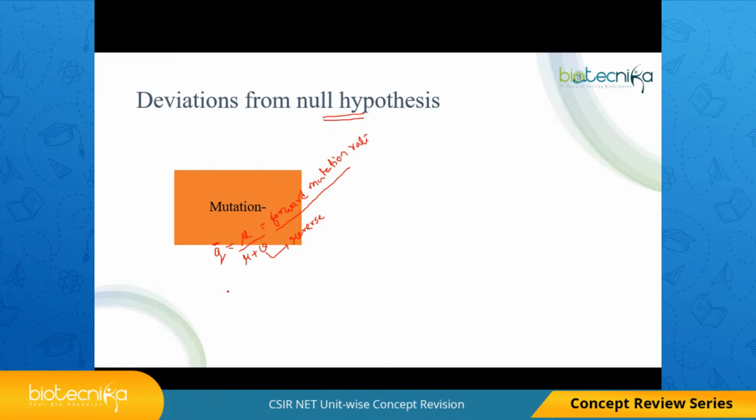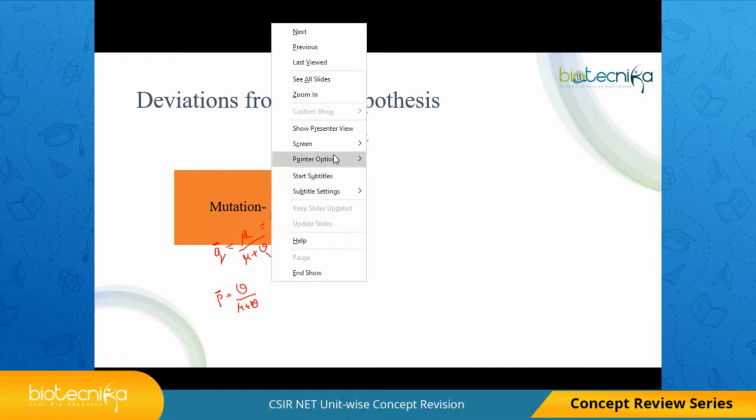Similarly, if I write in terms of p prime, p dash, which is my new allele frequency after mutation, it will be written as nu by mu plus nu. All right. Now, in this limited time, obviously, I don't have that much liberty to explain exactly why we are getting this formula.